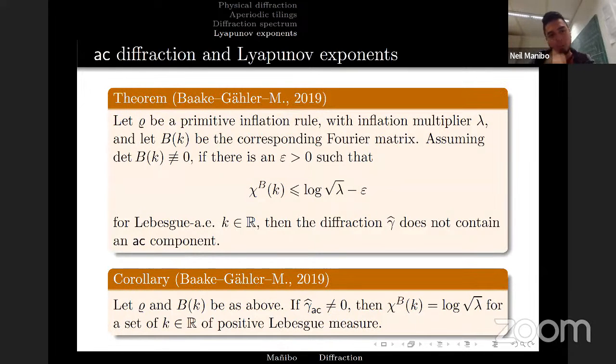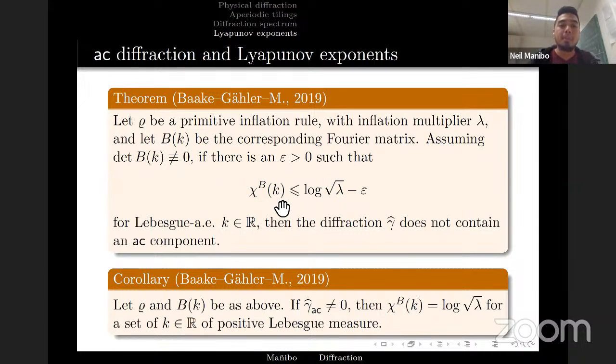Okay, so now we arrive at the result which relates the Lyapunov exponent that we can associate to an inflation rule to the presence or absence of absolutely continuous diffraction. This is based on joint work with Michael Baake and Franz Gähler. So first in one dimension, if you have an inflation rule which is primitive, meaning the substitution matrix is a primitive matrix, with inflation multiplier λ, and with Fourier matrix B(k), and if we have this non-degeneracy condition that the determinant of B(k) is not identically zero, so you only need it to be non-zero for one real parameter, and then it's already satisfied.